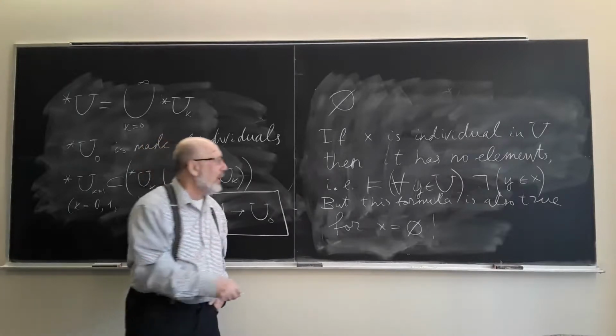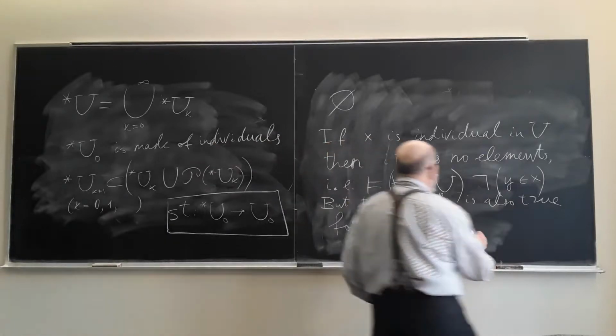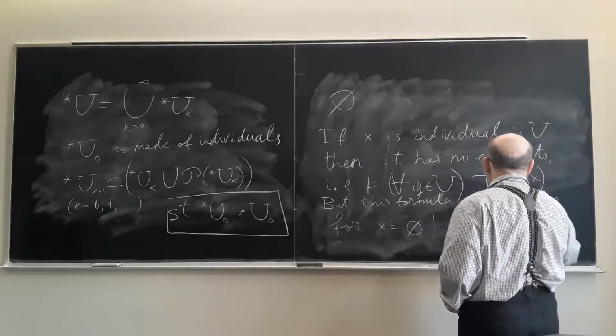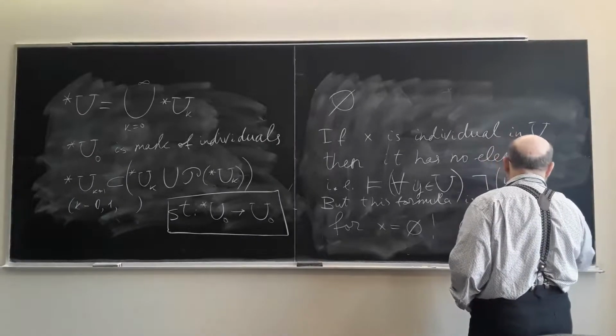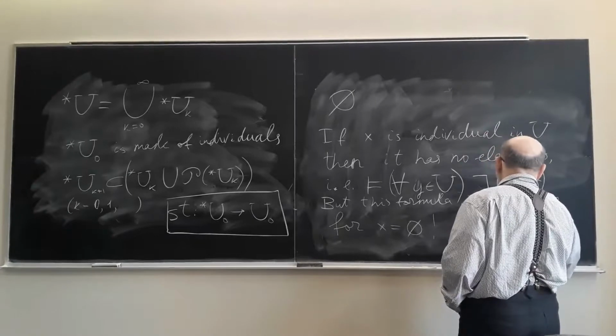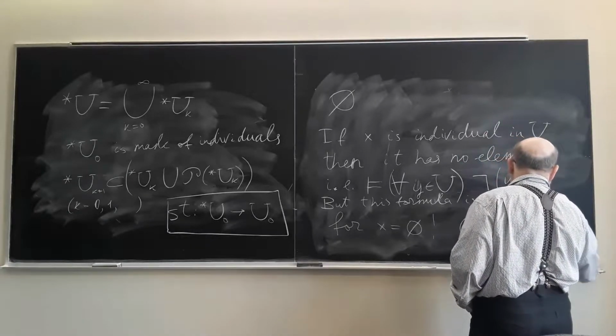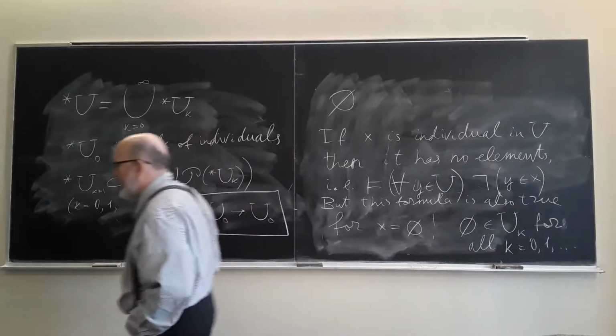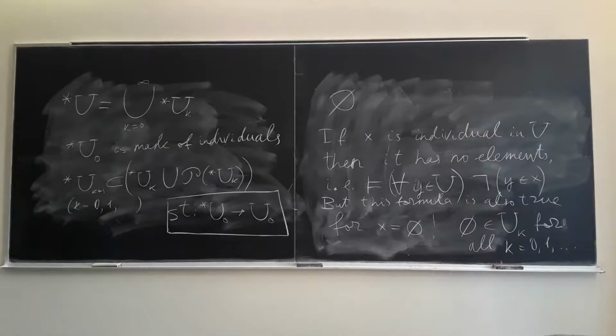So let us put this empty set for all k, 0, 1, and so on. We will regard it as an individual when necessary.